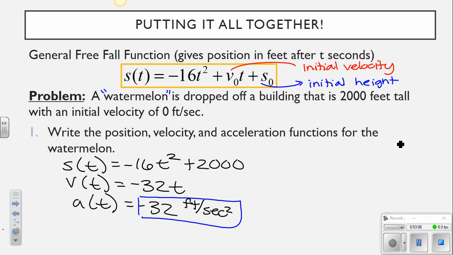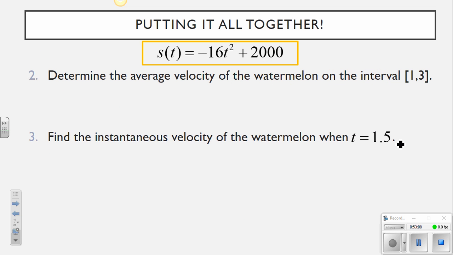The average velocity. If I want to know the average velocity, I want the slope. AROC. Yes, AROC? Okay, cool.